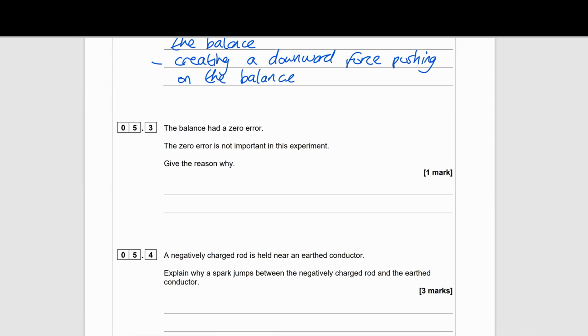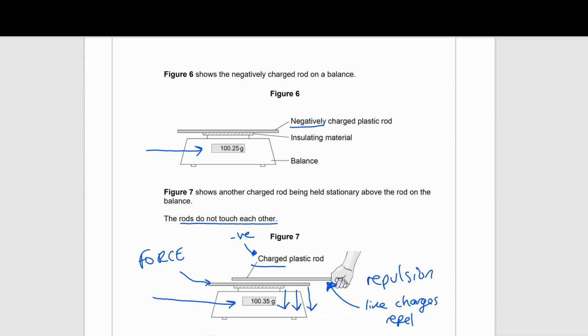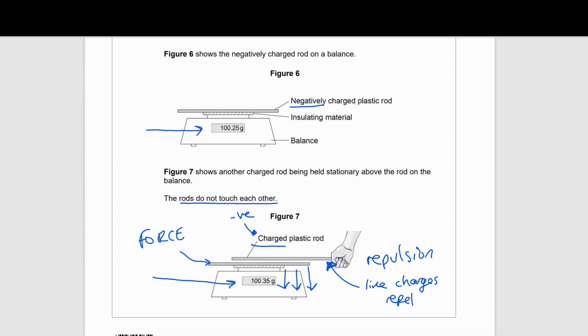5.3. The balance had a zero error. The zero error is not important in this experiment. Give the reason why, 1 mark. So let's go back again to our figure. The question is saying that there is a zero error on the balance.